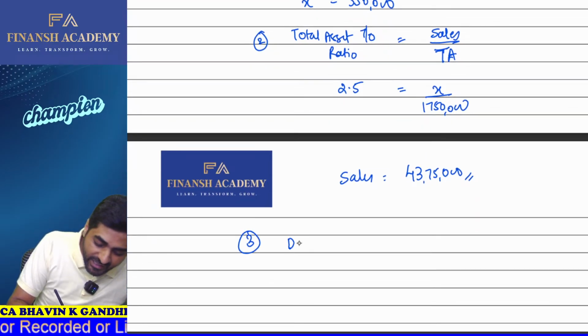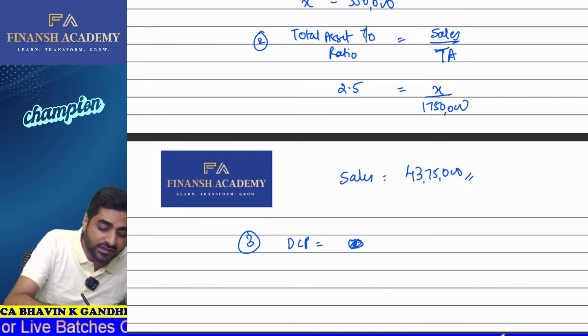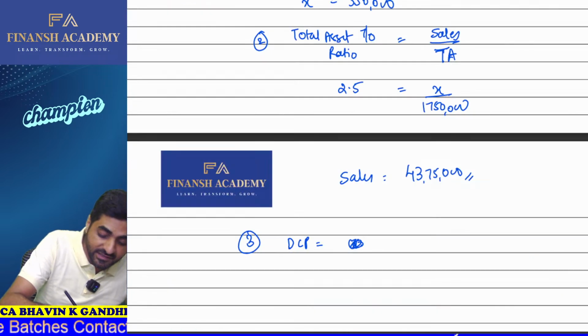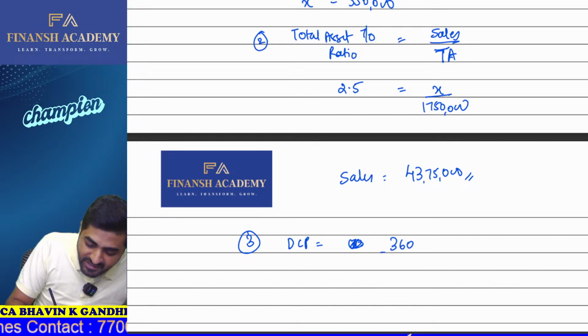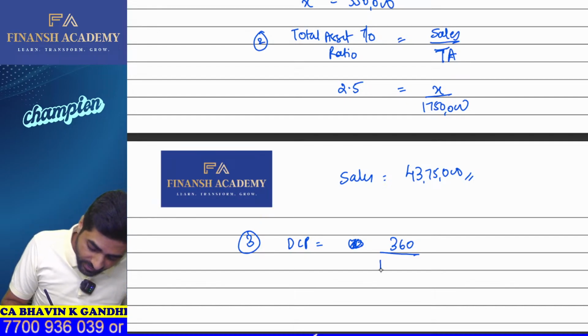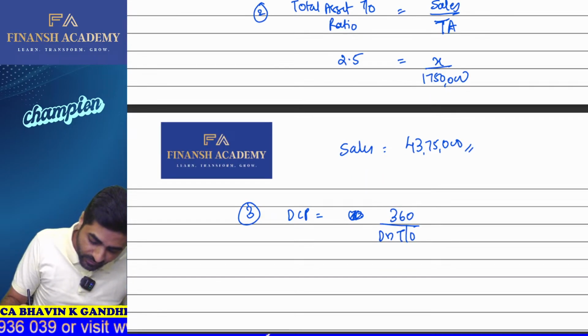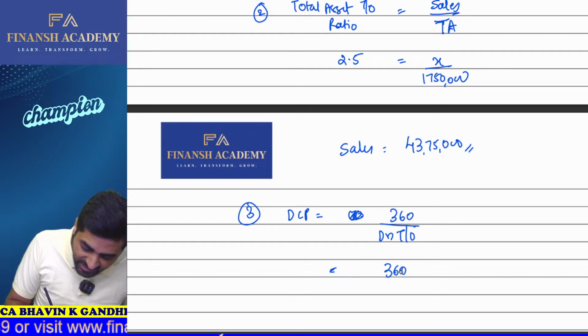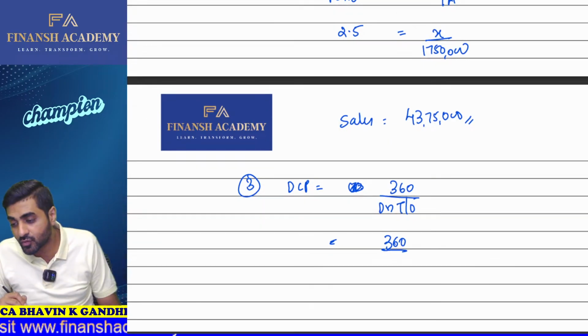So what is going to be the formula for debt collection period? I would say that the debt collection period is nothing but 12 months, or 365 days. Here they have told you to consider 360. So I'll be taking 360 and dividing the same with your debtors turnover ratio. So this will now be 360 upon, what is the formula for debtors turnover ratio?